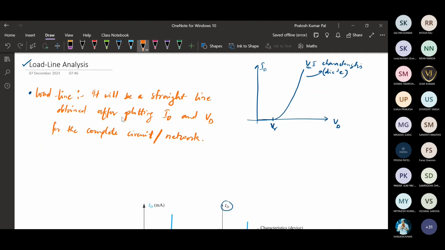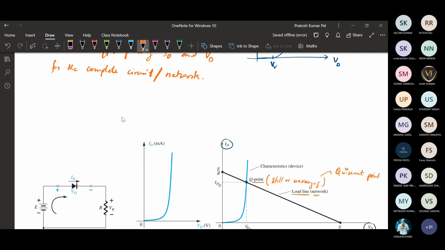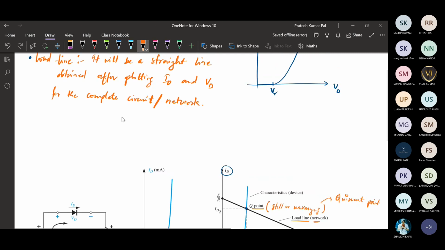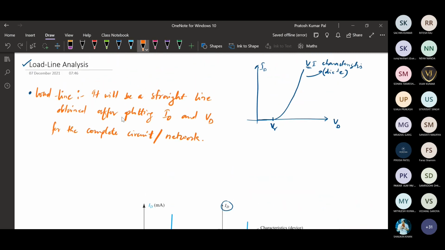Whatever network the diode is connected with, the complete network ID and VD curve will be a straight line, and that straight line is your load line. If we consider this load line for analyzing any diode circuit, then that analysis is called load line analysis.